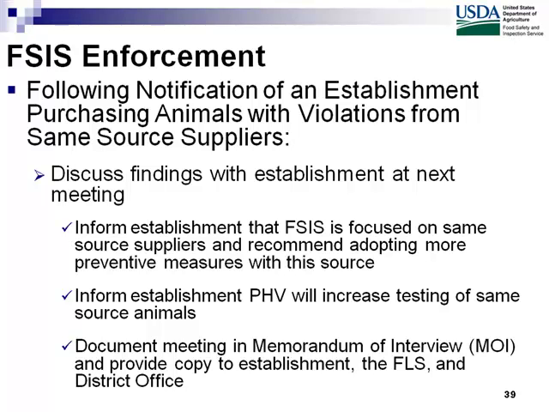The district office is notified of what's going on, and the PHVs are responsible for sharing all of the residue information that they know and for helping the establishment get something in place. And so they hold a meeting and they document it on a memorandum of interview that the establishment has been informed that there will be increased testing of the animals that are being received at that establishment, in hopes of encouraging them to adopt some type of preventative measure.